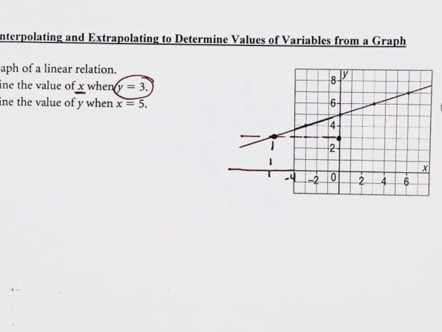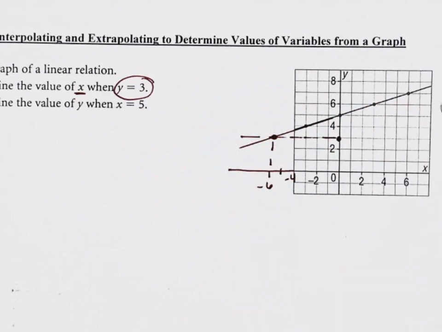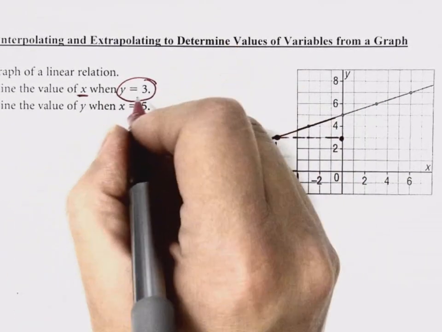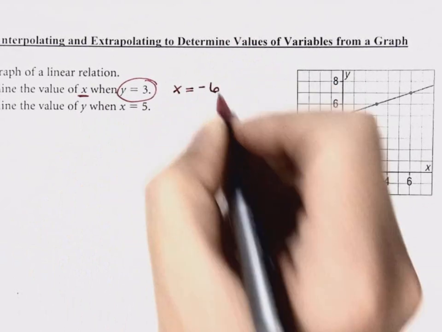Would it be -5? Would it be -6? What do you guys think? I think -6 too. I think that's a reasonable answer. It's kind of off the graph. There might be 5 in here, and then this would be -6. So we would say that when y is equal to -3, x is equal to -6.